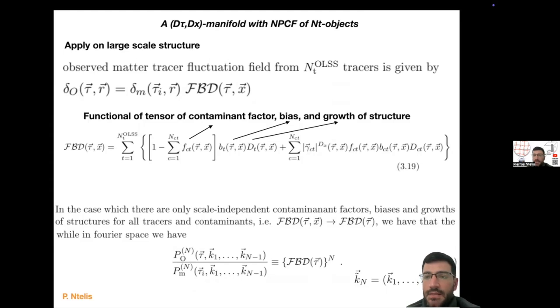And n gives us the amount of correlation, the amount of statistics that we're looking at in our sample. For n equal to 2, we look at 2 galaxy statistics. For n equal to 5, we look at 5 galaxy statistics. Now, by modeling this effect, we have a description of the extra dimensions, and we also combined the observed and the contaminant observations in our sample.